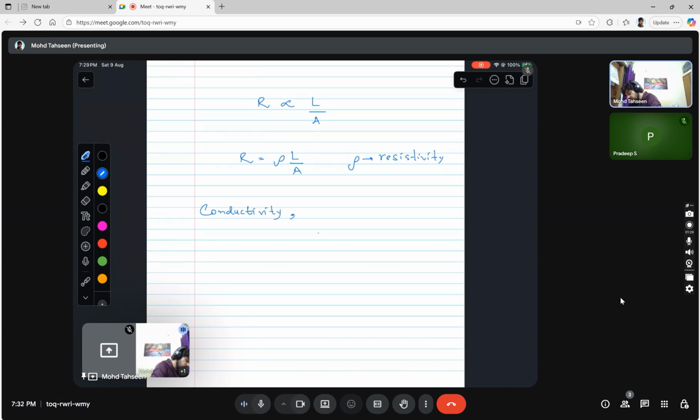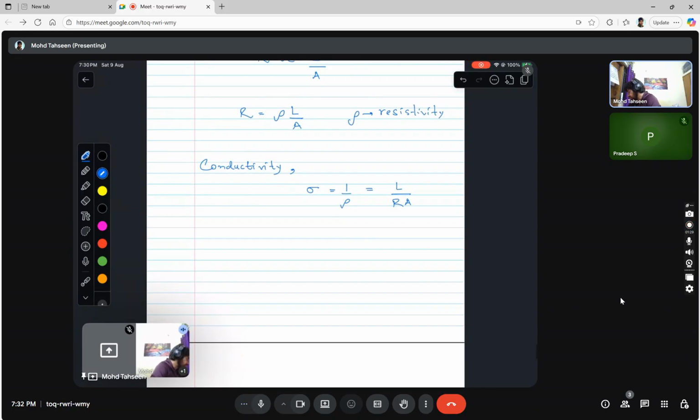Conductivity, we denote it by sigma, and we define it to be the inverse of resistivity, which will be equal to L by RA. Okay, this is the conductivity.